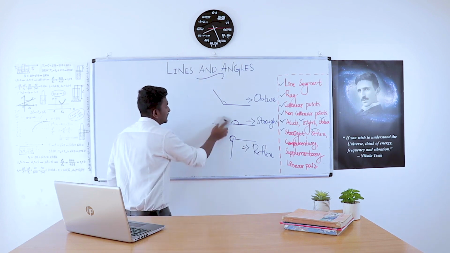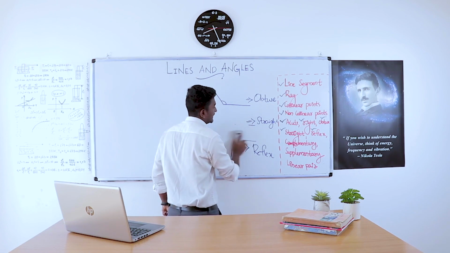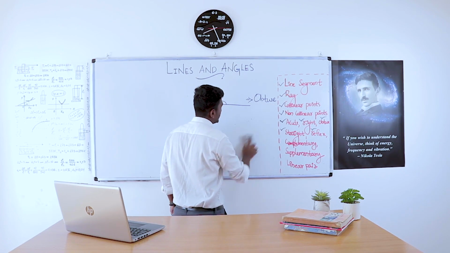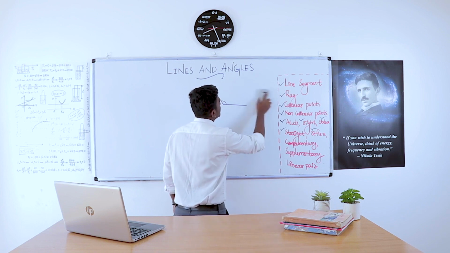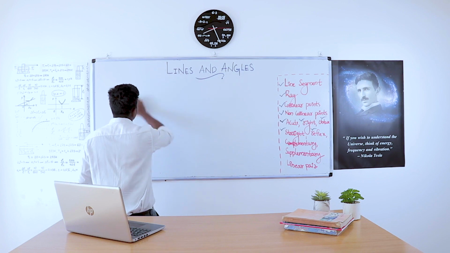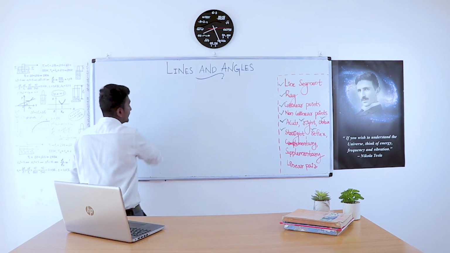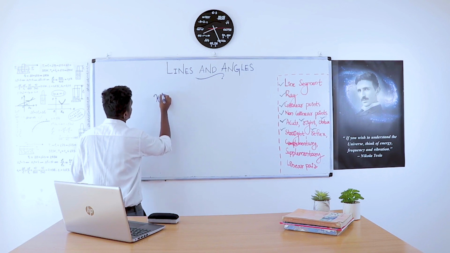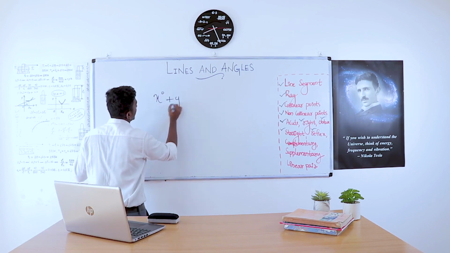Now we have to consider what are complementary angles and what are supplementary angles. When we are considering two angles, let them be x and y.